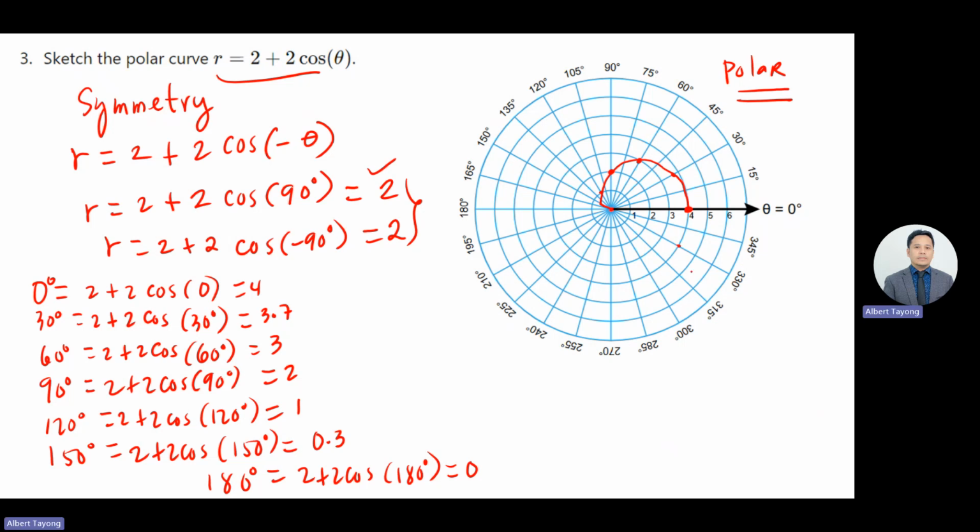Next will be 300. That is, of course, 3.7. So here we have, as you can see, we are having 15 and 30. So we are going to follow this one. Okay. So the distance here is 15. Then we have 30. So the next one is 300 for our partner here. So we have 4 already. Okay. 4. And then here we have 3.7.